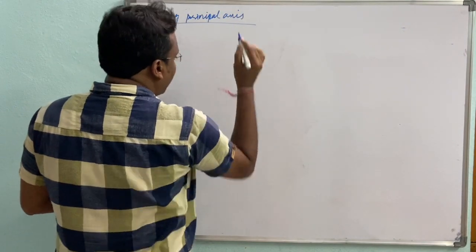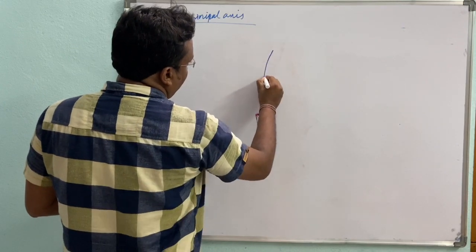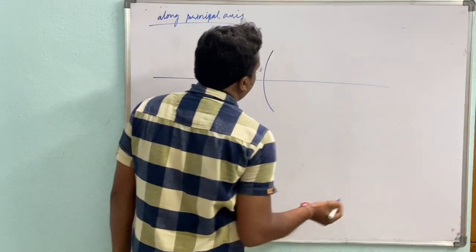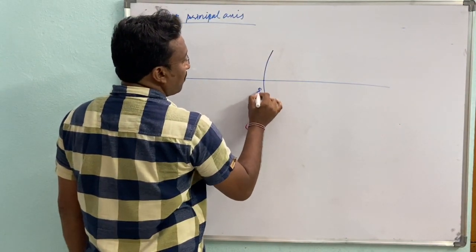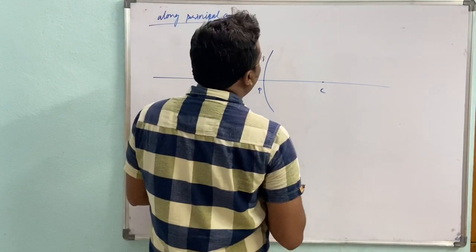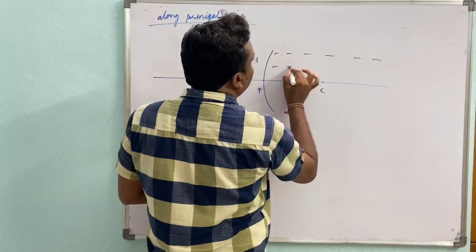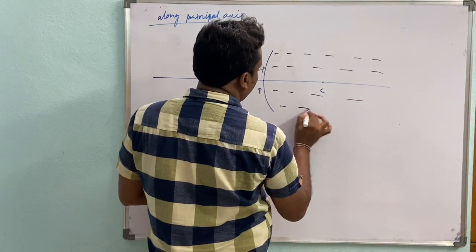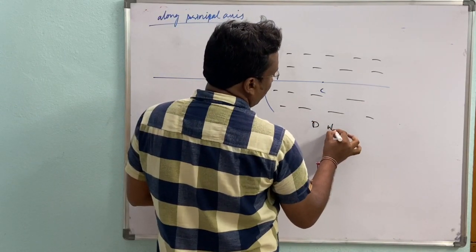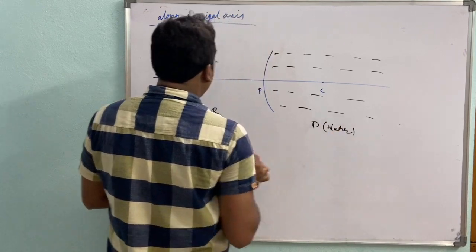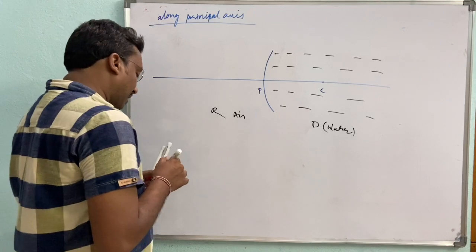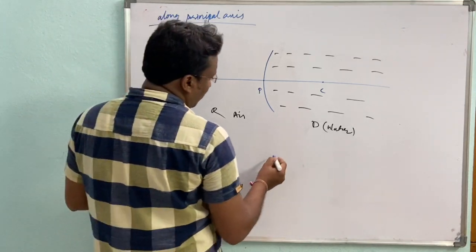I will draw a curved surface, with the pole and center of curvature. You can take it as traveling from rarer to denser, you can take this as water, and here taken as air. Got it? Then here you can take one more.